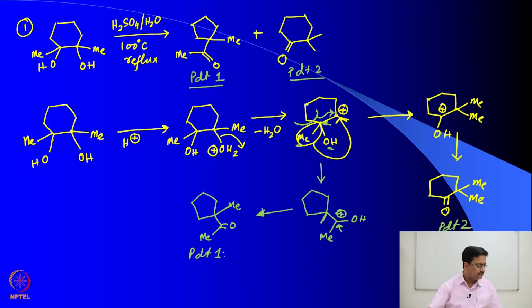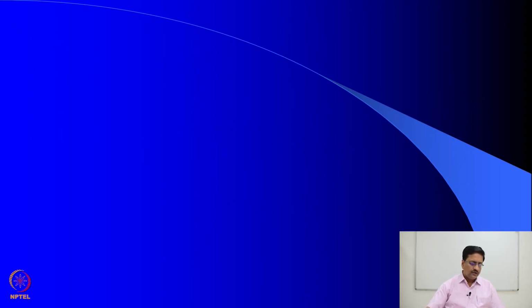So, you can see that by following the reaction mechanism very carefully, one can predict and also show how two different products can be formed from a particular reaction. So, let us take one more example.